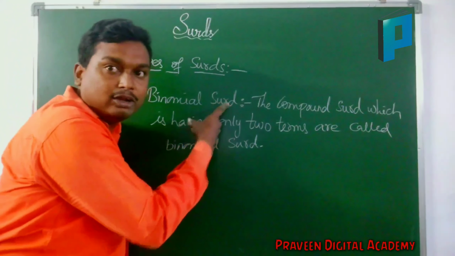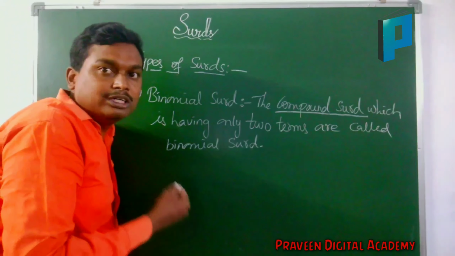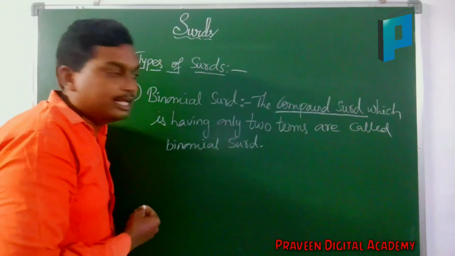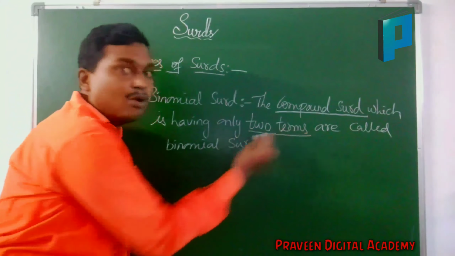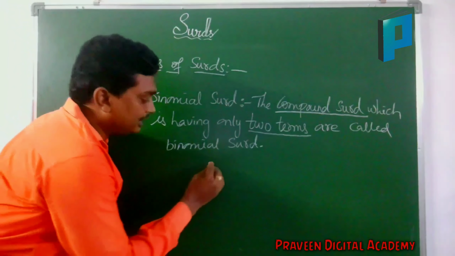Here the definition of the binomial surd is the compound surd which is having only two terms. We discussed the compound surd: a surd which is having two or more surds with sum or difference. In this binomial surd we will have only two terms. If you are having two surds, then we will say such type of surd is a binomial surd.